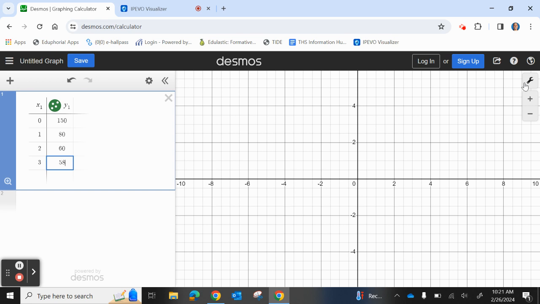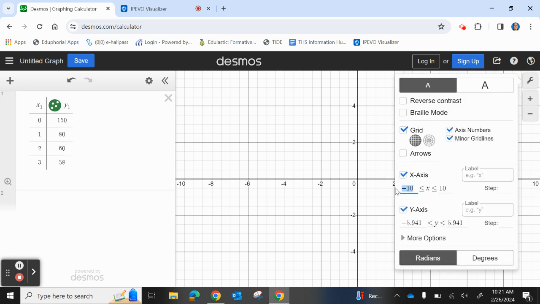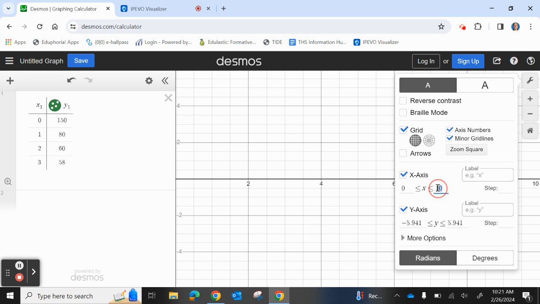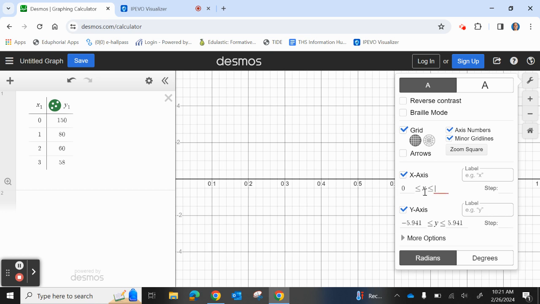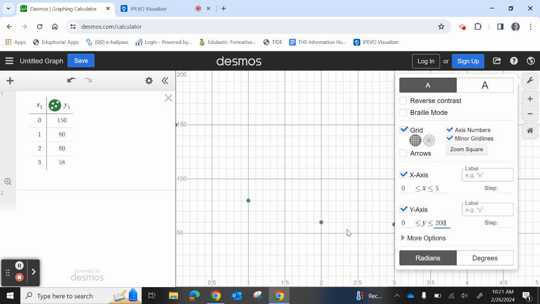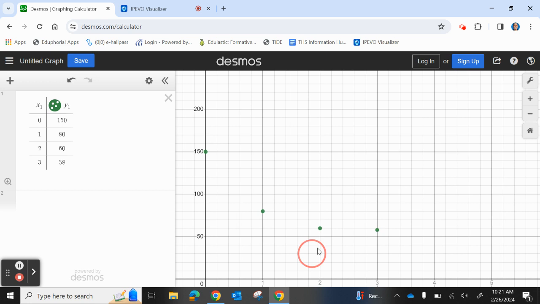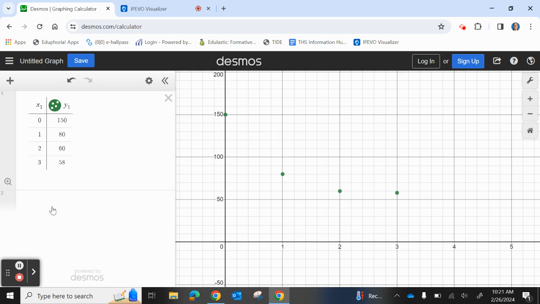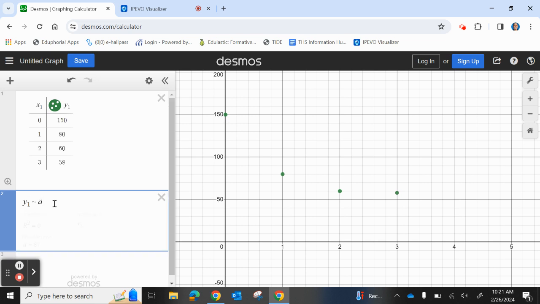All right, and we don't see the point, so I'm going to go here. Let's, for the x-axis, go 0 to 5. Oh, 5, and then y, let's go 0 to 200. All right, we see our points. Now, for regression, y1, shift squiggly.